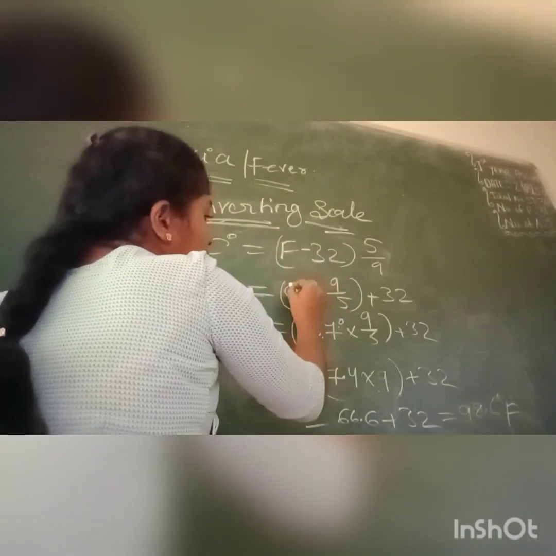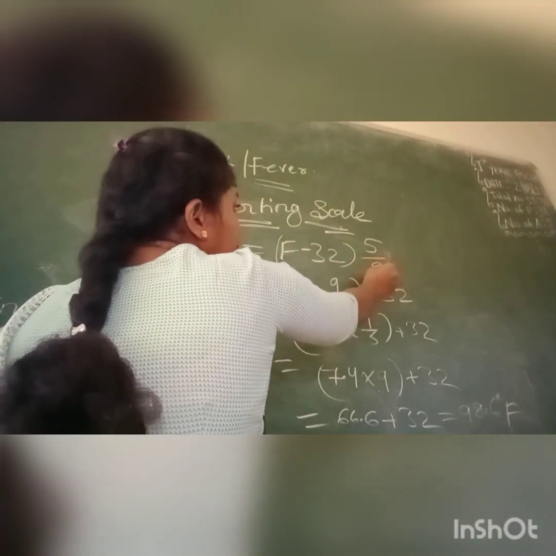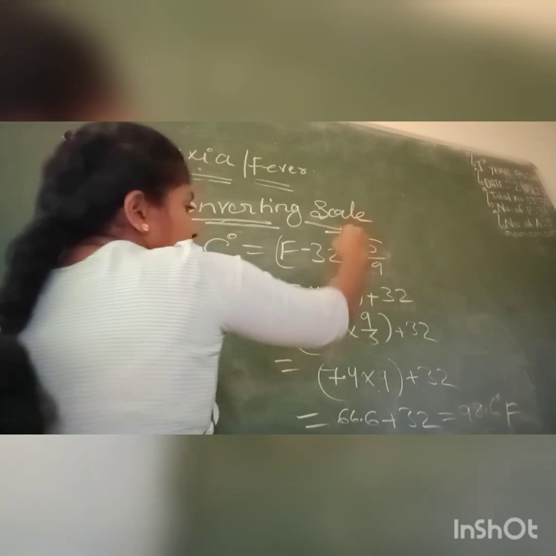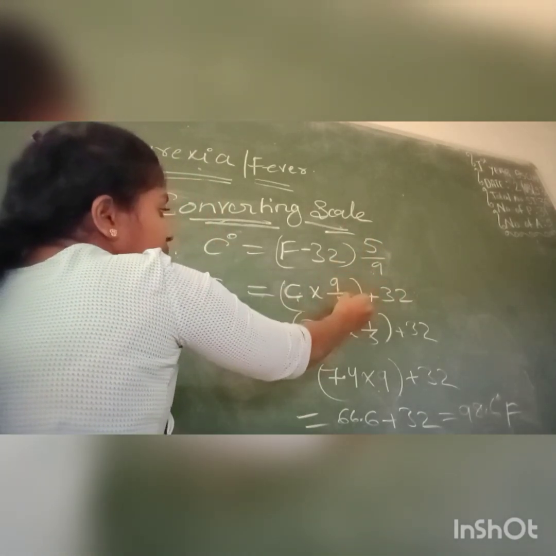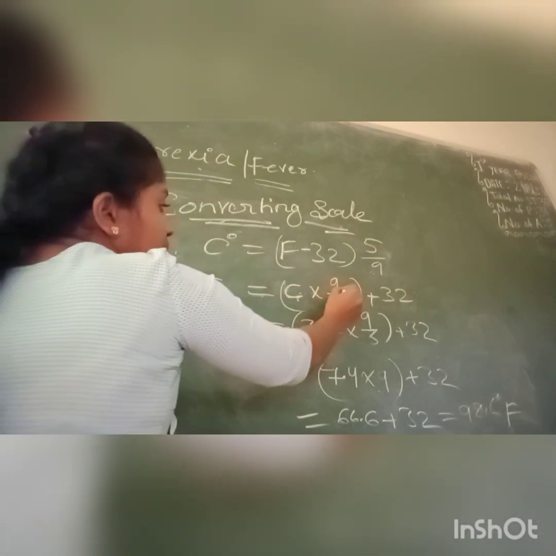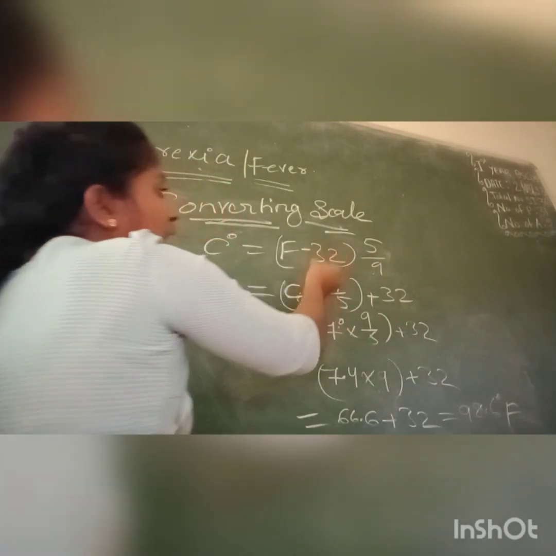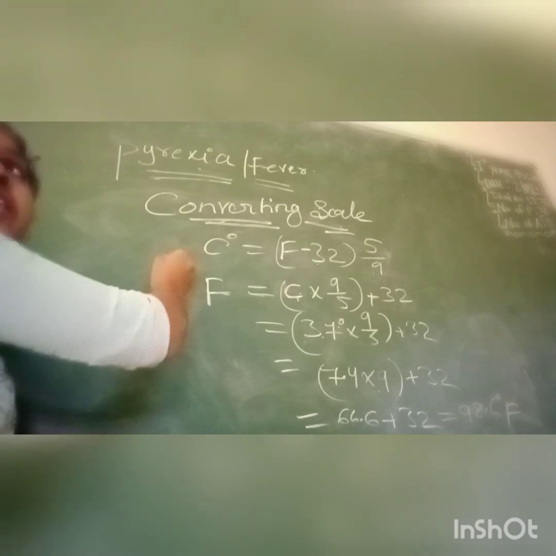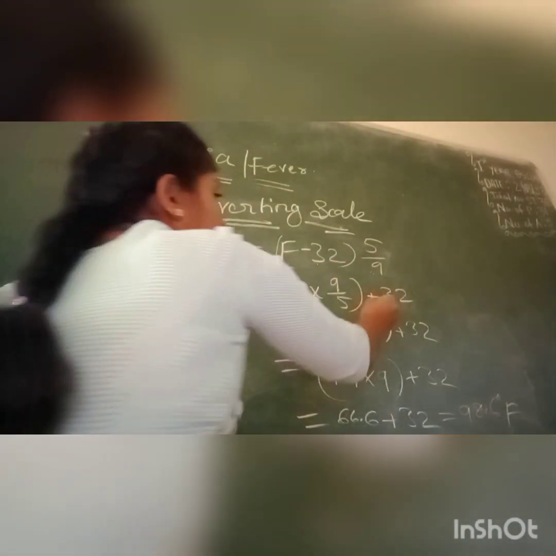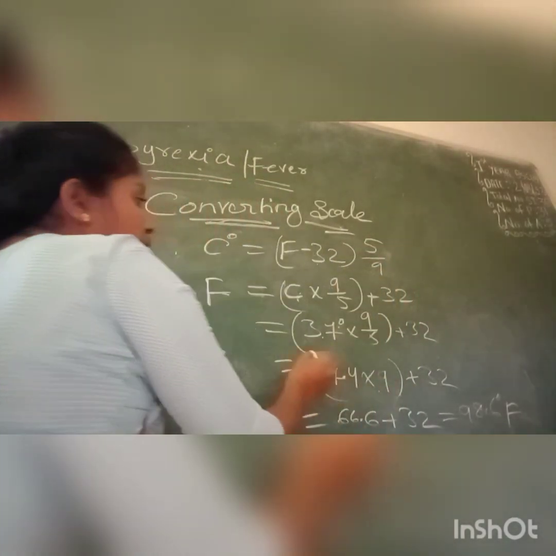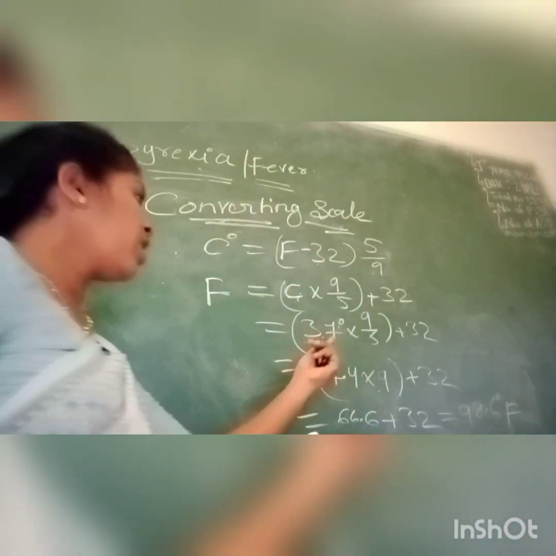When we shift it to the left, the divide gets reversed: 9 by 5, C into 9 by 5. When this minus value comes onto the left side, it turns into plus. Plus 32.